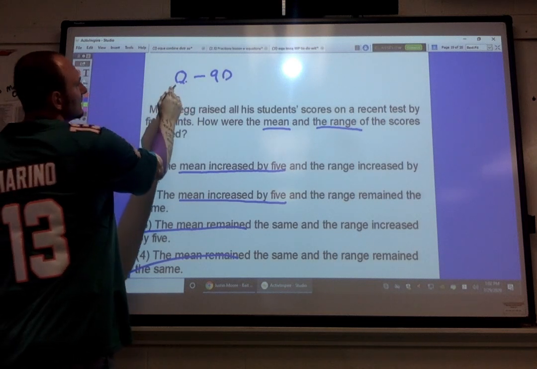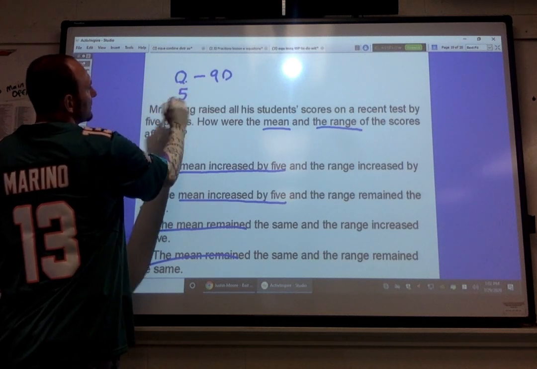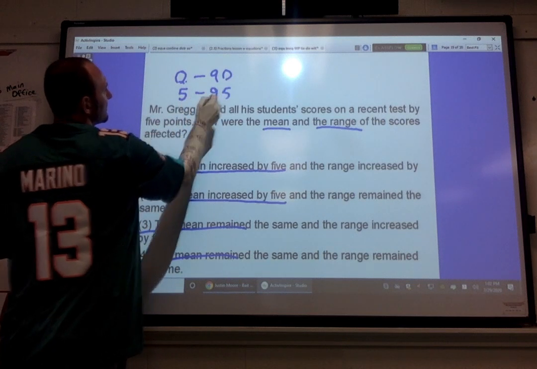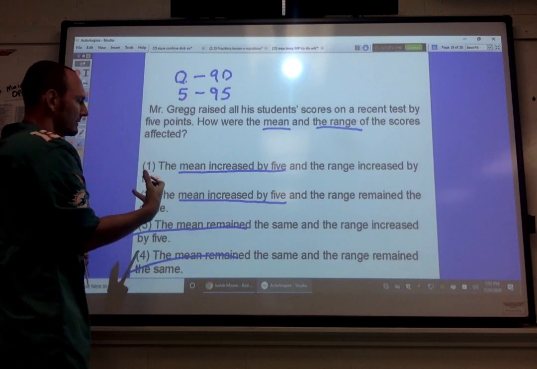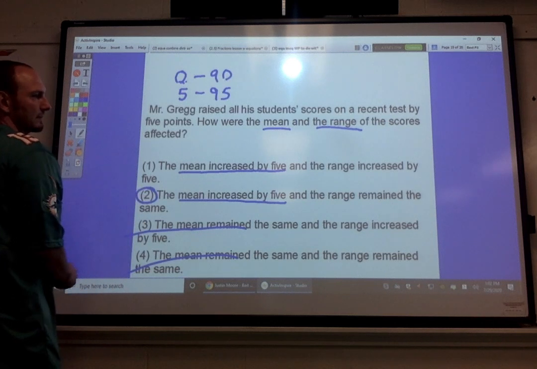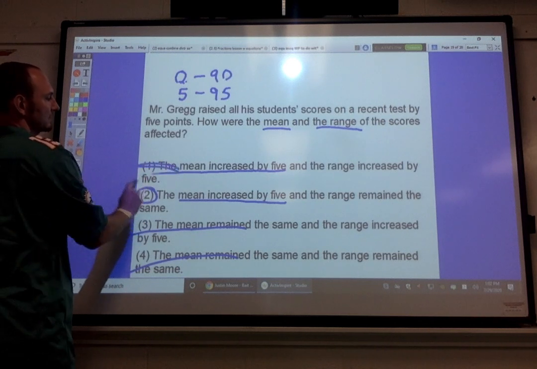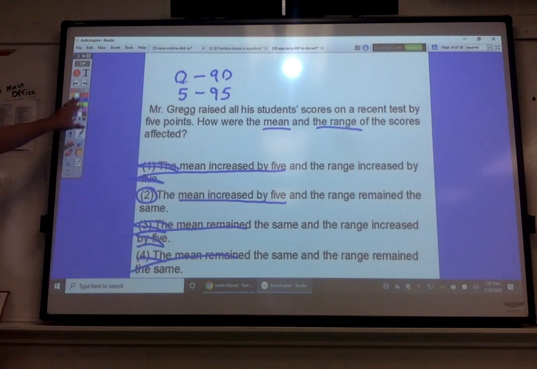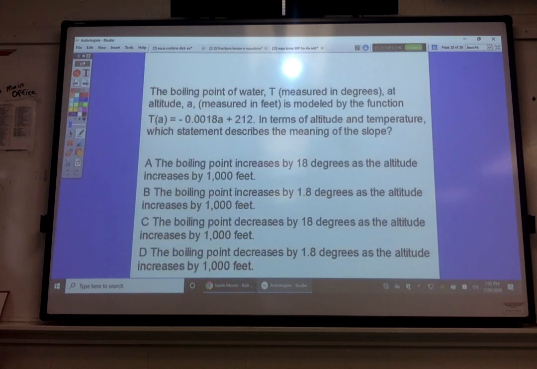Well, if my new low score is now 5 points, and my new high score is 95 points, they're still 90 apart. So it would stay the same. The range would not be affected by this. Again, that's just like a review. We'll do a statistics lesson another day.